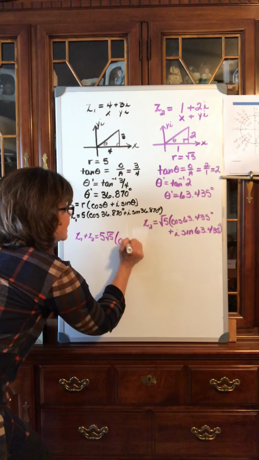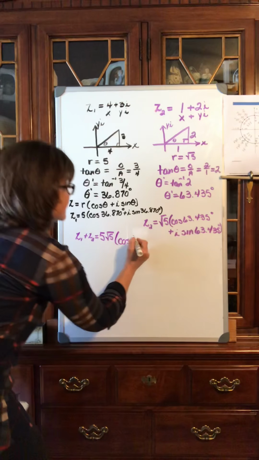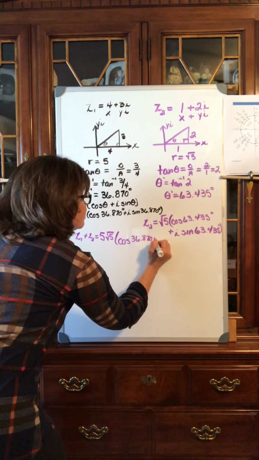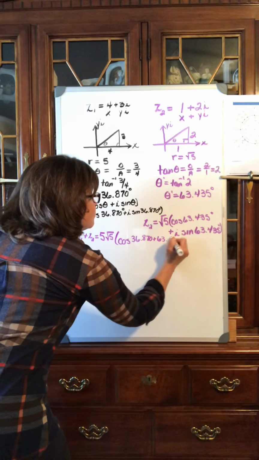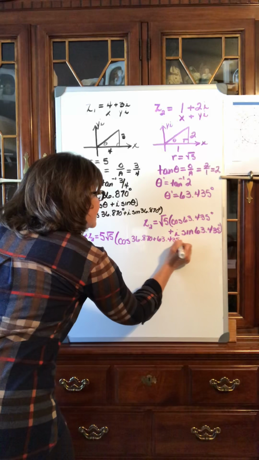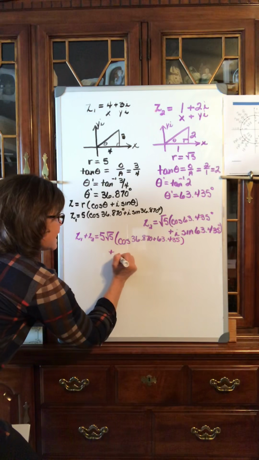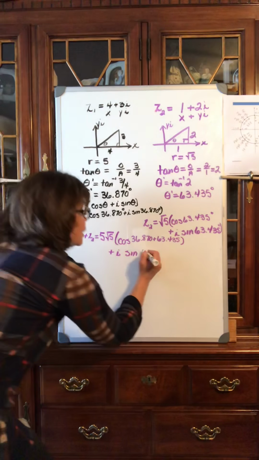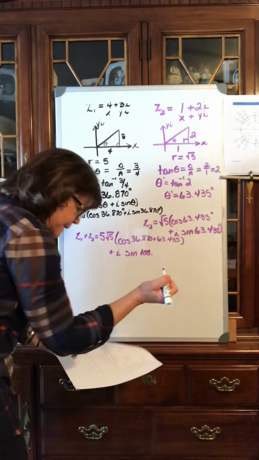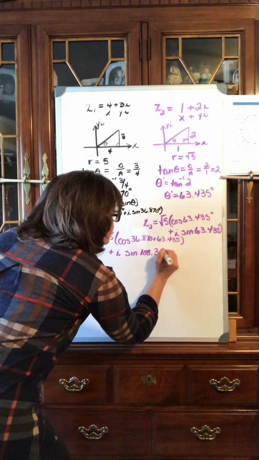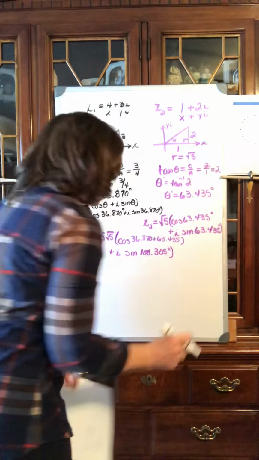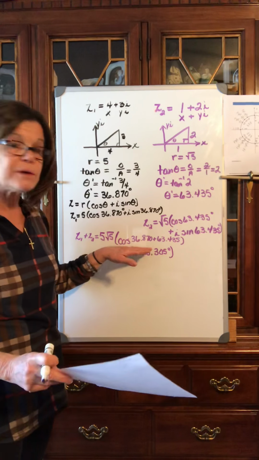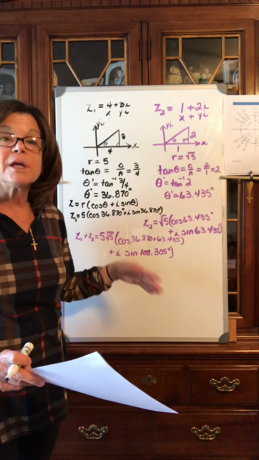So it would be the cosine of 36.870 plus 63.435, and then plus i times the sine. When you add those together, you get 100.305 degrees. Now you'd have to go to your calculator, you'd have to do the cosine of 100.305, distribute your 5 radical 5.